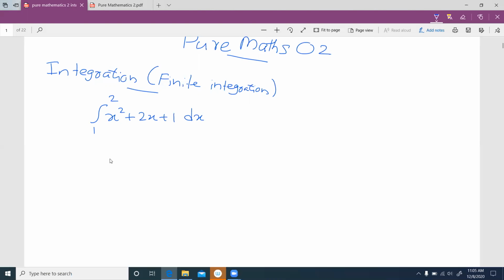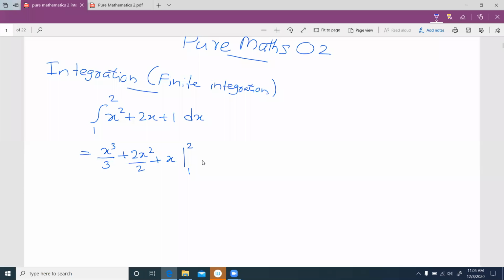Okay. So how to do this integration is you have to follow the same sequence. Initially we integrate as usual. So this is x cubed over 3 plus 2x squared over 2 plus the integration of 1, which is x. But then there is no need of writing plus c at the end. Then we put the boundaries over here, 1 and 2.